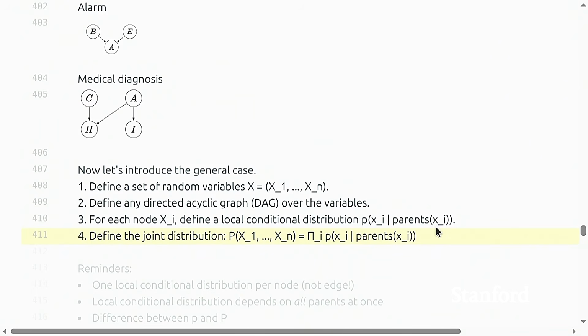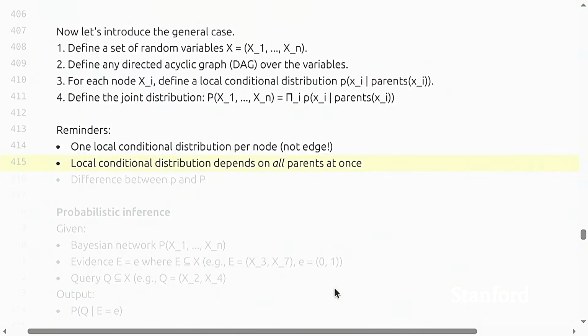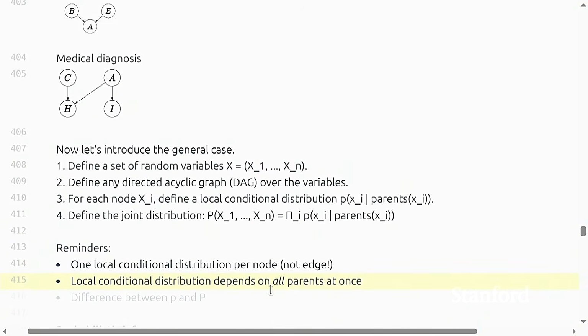Okay, important reminders, because it's easy to make this mistake. You have one local conditional distribution per node, not edge. And the local conditional distribution depends on all the parents at once. So don't forget to write down the probability of C, just because there's no edge from it.